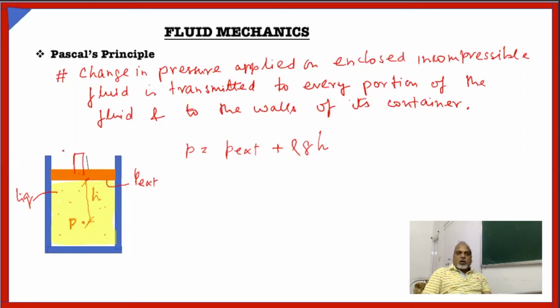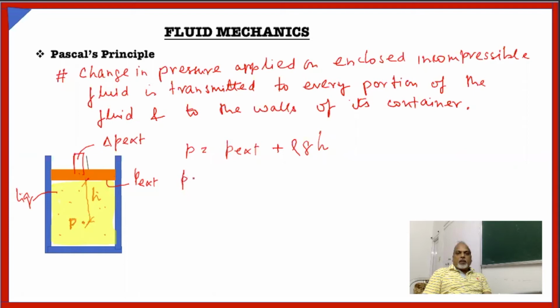Now, if we increase this pressure by delta P externally, we are increasing this pressure by delta P. So now, since your fluid is incompressible, by increasing this delta P external, there will not be any change in the height H. So what will be the new pressure?